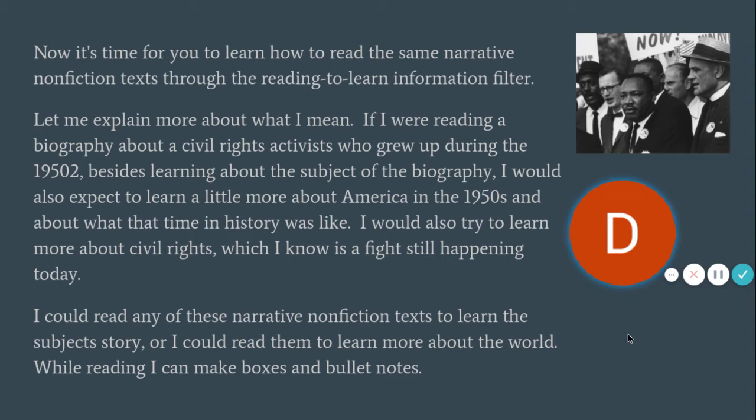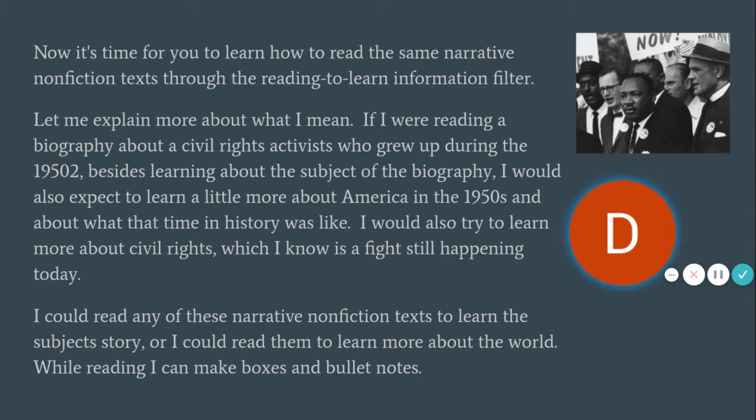Now it's time for you to learn how to read the same narrative nonfiction text through the read to learn information filter. I'm going to explain more about what I mean. If I were reading a biography about a civil rights activist who grew up during the 1950s, besides learning about the subject of the biography, I would also expect to learn a little bit more about America in the 1950s and about what that time in history was like.